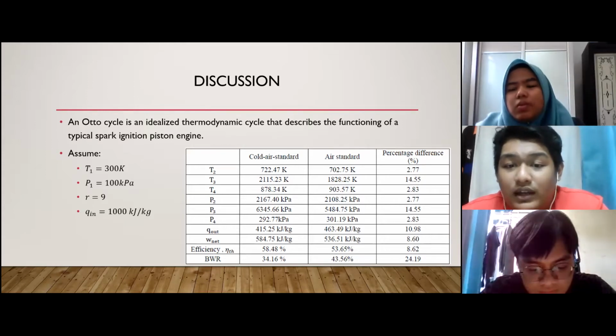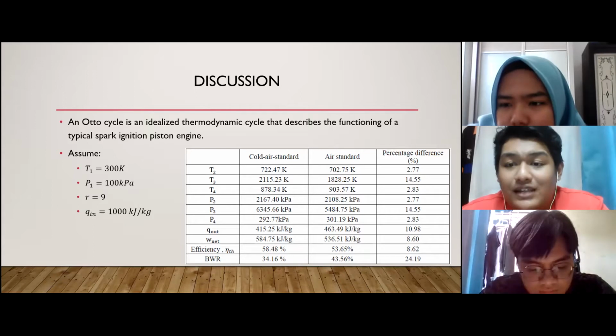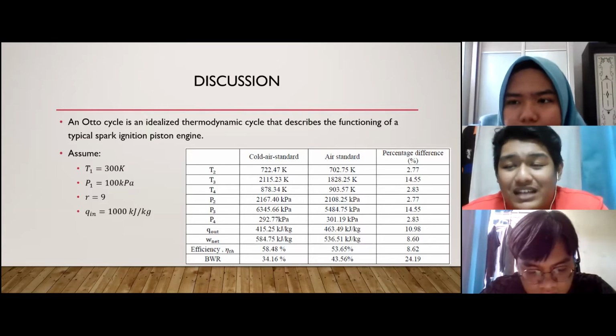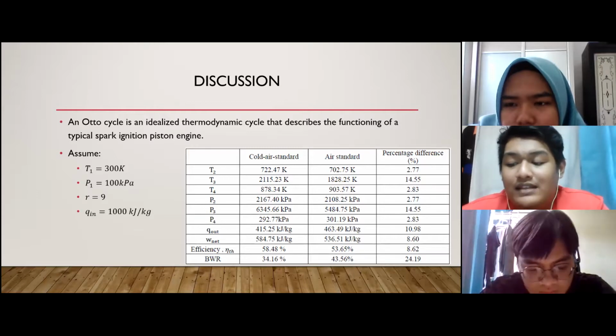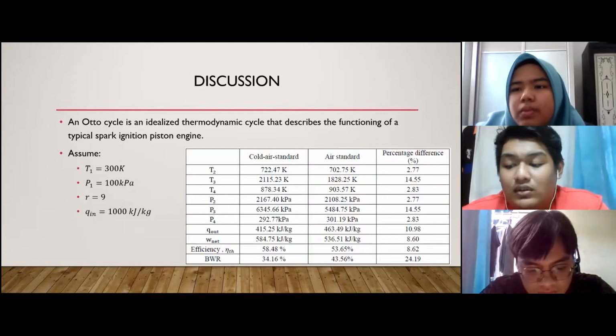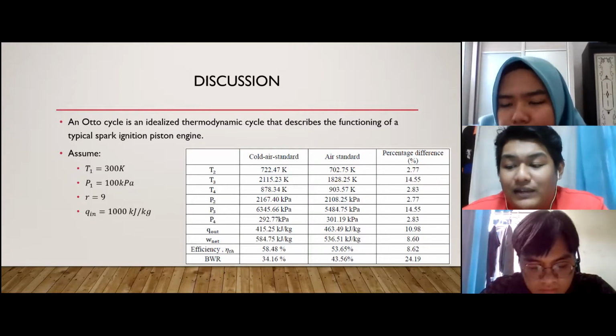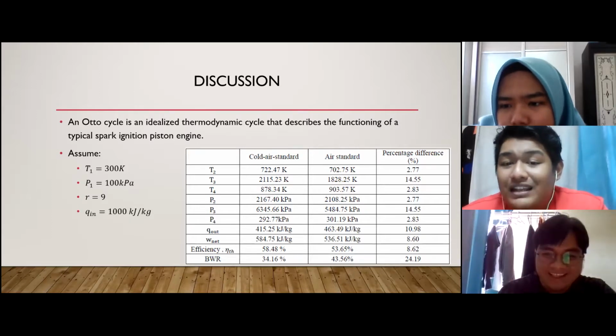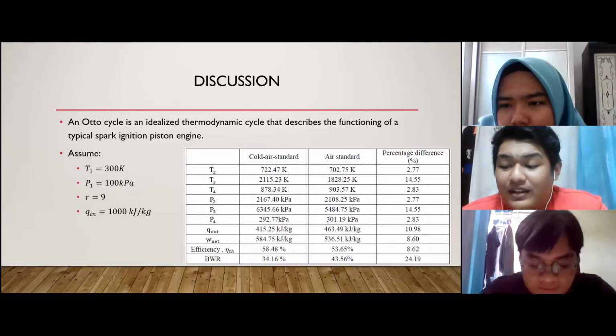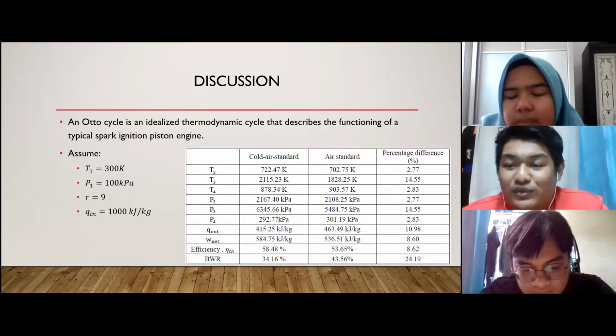According to table 1, most of the values for cold air standard are a little bit higher than the air standard assumption. Since the actual gas power cycles are very complex, air standard assumptions are used to minimize the analysis to a manageable level without greatly deviating from the actual cycle. To make the analysis even easier, cold air standard assumptions are used.